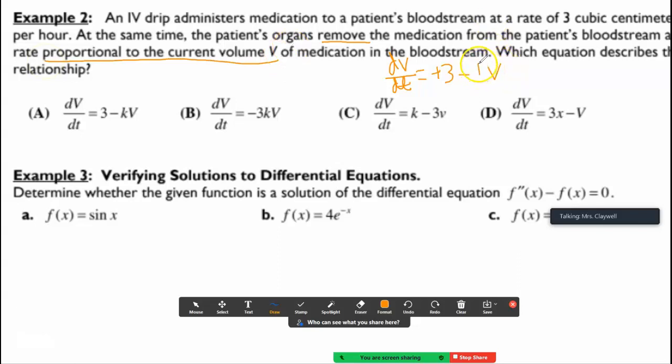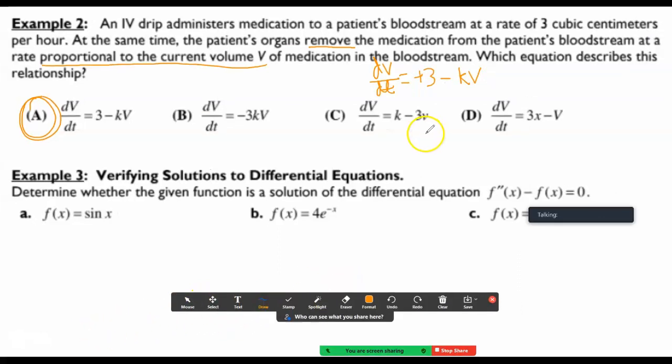So that's a V and a K. The only one that matches this is A. So C is also kind of close, and D, but the only one that really has the clear, I'm inputting 3 and I'm removing some amount V, is A.